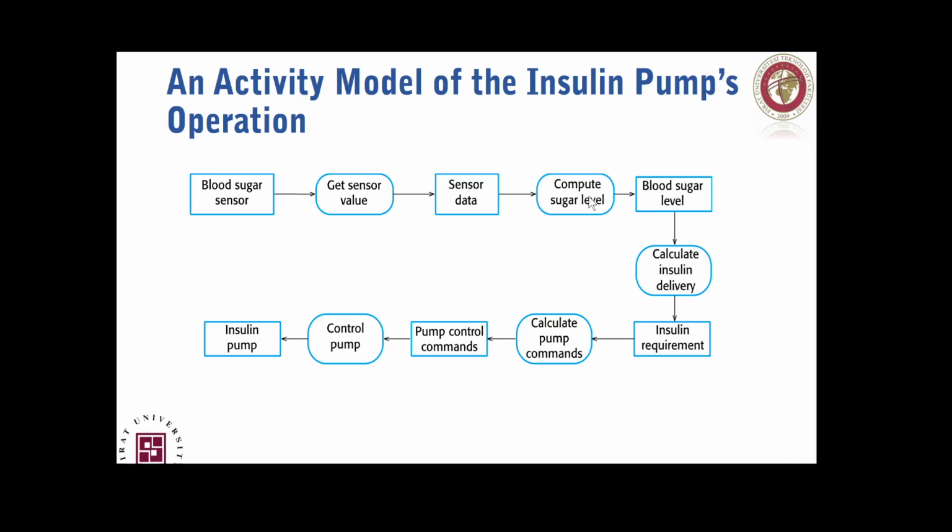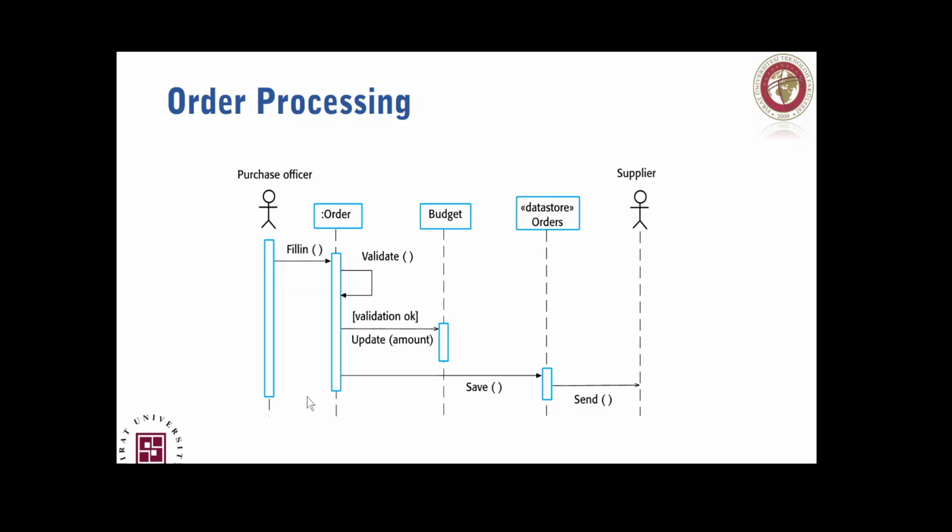Once the sugar level is computed, then we can go to another type of calculation, calculating insulin delivery, and so on. So a series of what? From the beginning, from the sensor where we start sensing the sugar of the blood until we pump the insulin from the reservoir. So a series of actions taken on data until we get the final action taken by the whole system.